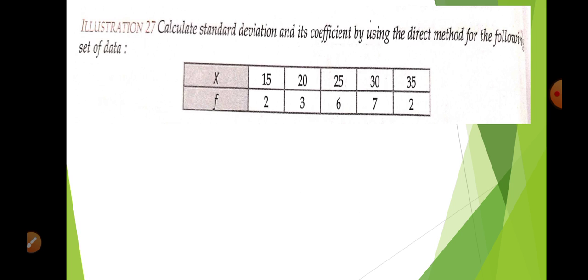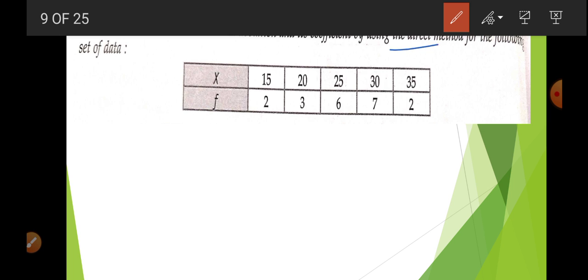Okay students, so we are going to do this question with the same direct method, but this time we are going to use the shortcut method. Calculate by the shortcut method.